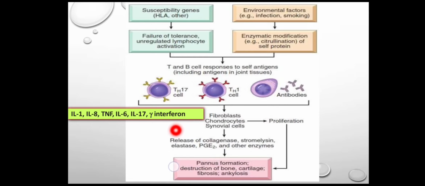RANKL is also stimulated to cause resorption of the bone. All these will act on the fibroblasts, chondrocytes, and synovial cells, and will lead to proliferation of the synovial cells because of the interferon gamma, and release of collagenase, stromelysins, elastase, prostaglandin E2, and other enzymes, causing degradation of the matrix, leading to pannus formation.